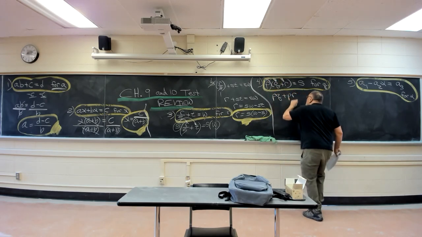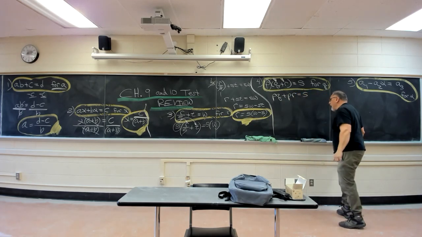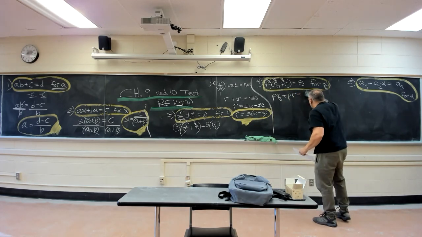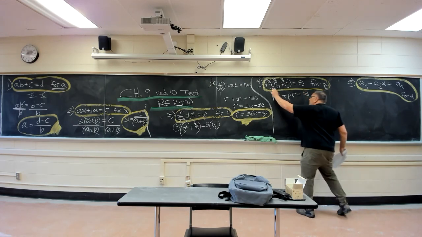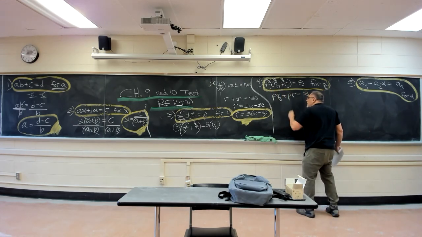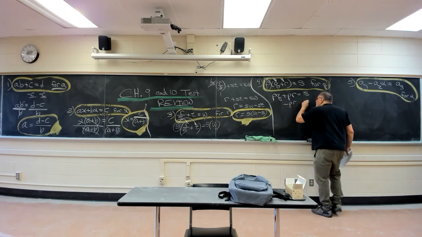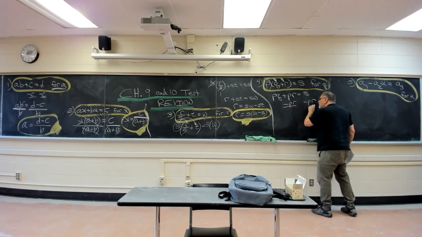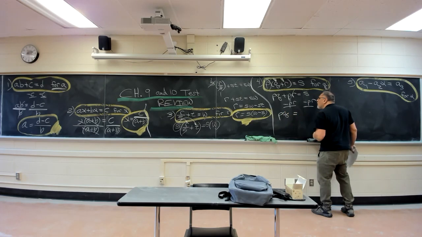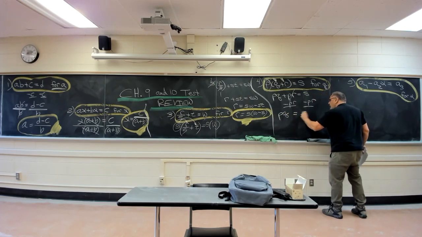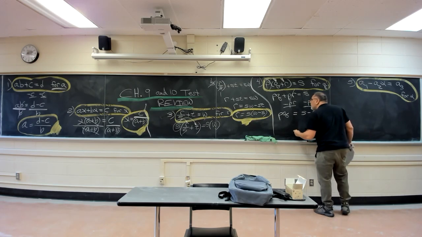PQ plus PR equals S. So distribute the P all the way across here, you get to here. Let me subtract PR on each side. That's out of there. PQ equals S minus PR. At that point, you're trying to solve for Q, as we said. Divide by P on each side.